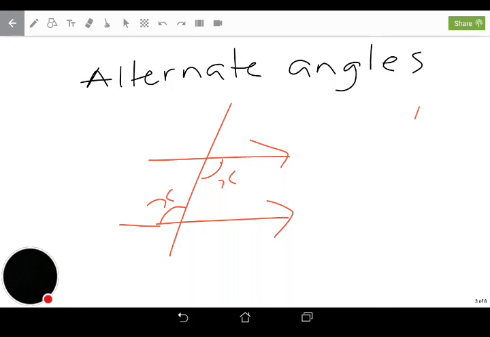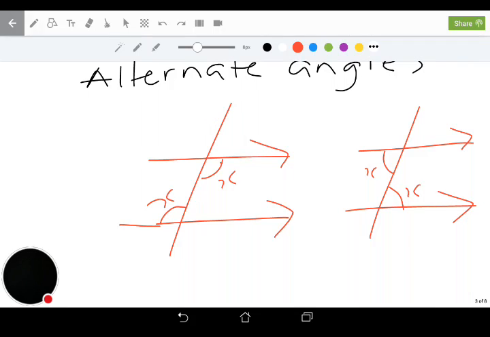Sometimes the alternate angles can also be here and here. So they would both be the same as well. I just want to highlight a way that I remember this.